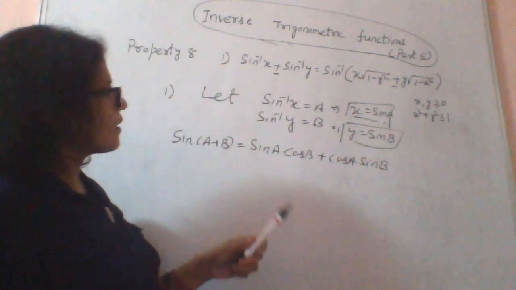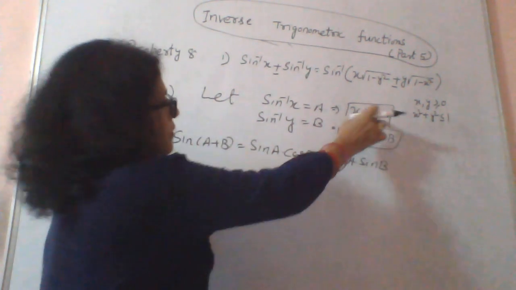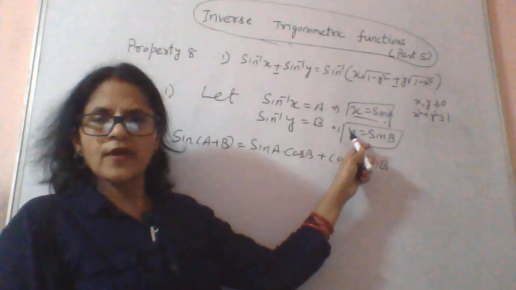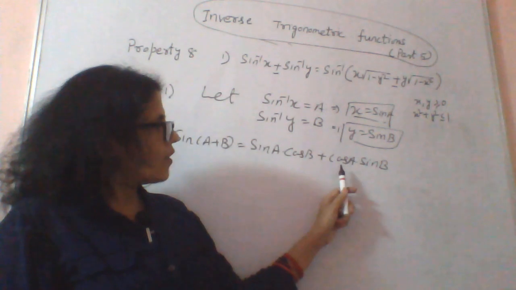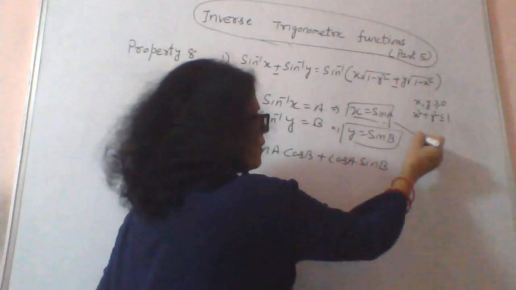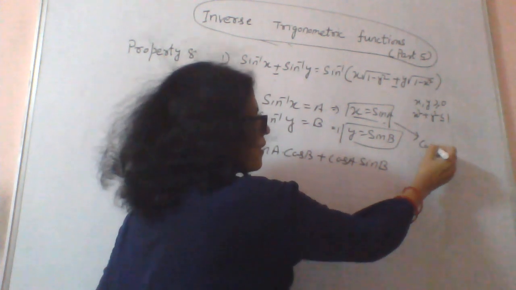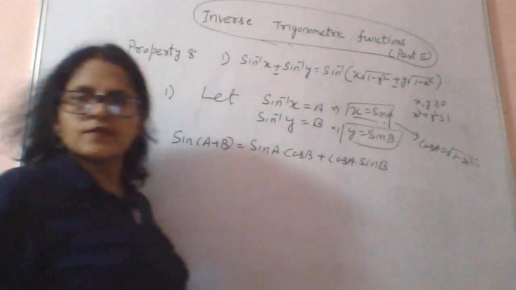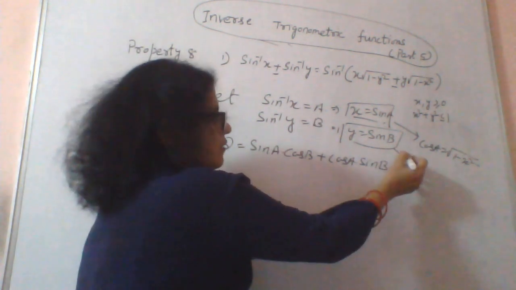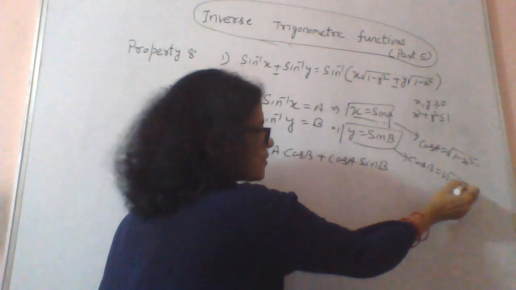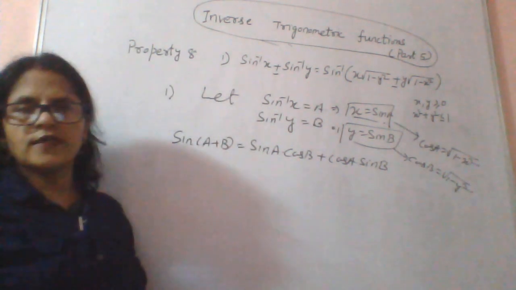Sin a already we have, sin a equal to x, sin b already we have. We do not have cos a, we do not have cos b. Now having sin a, we can have cos a. So cos a is under root 1 minus x square. Having sin b, we can get cos b, that is under root 1 minus y square.